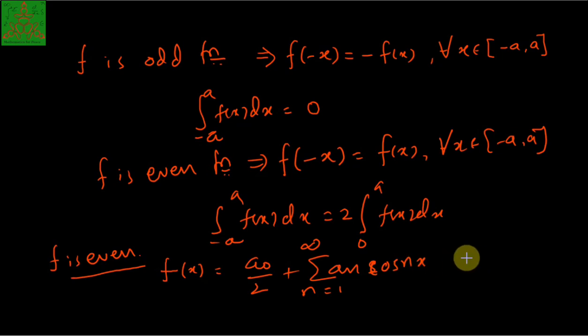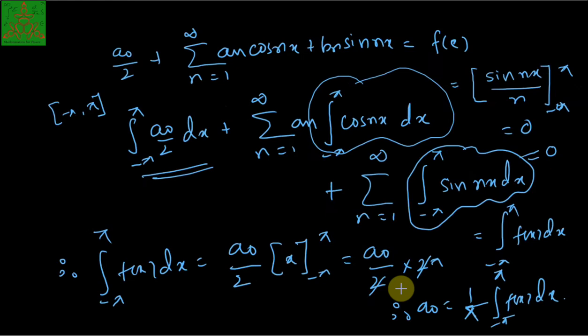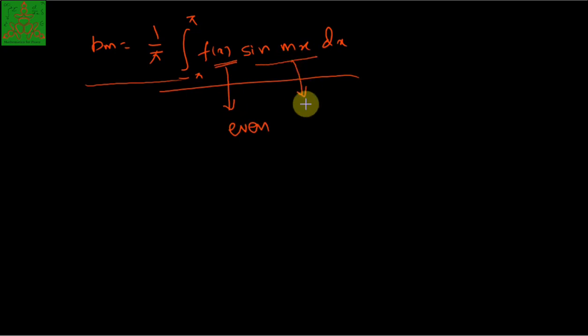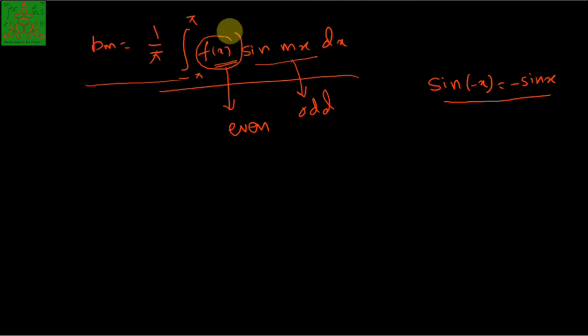The bn term will not be there, because you just see that the formula for bn is this, and your function f is an even function, and this is an odd function, because you know that the sine of minus x is minus sine x. And you know that the even function into odd function is again an odd function, and the limit is from minus pi to pi, so that's why this will become 0.